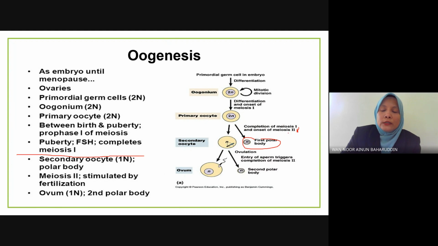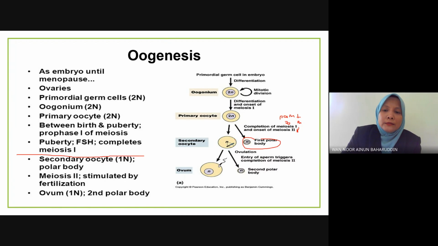It's the onset of meiosis 1, from prophase, anaphase, metaphase, and telophase. This is occurring every month of the menstrual cycle, and they have a secondary oocyte.